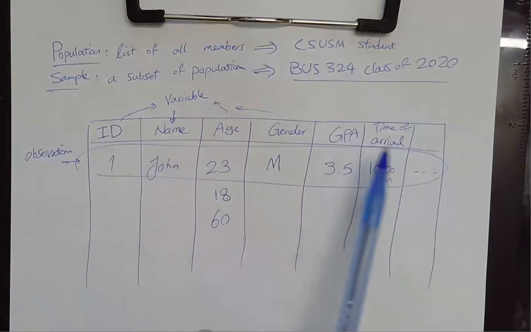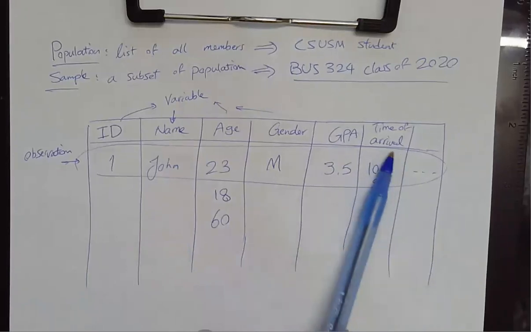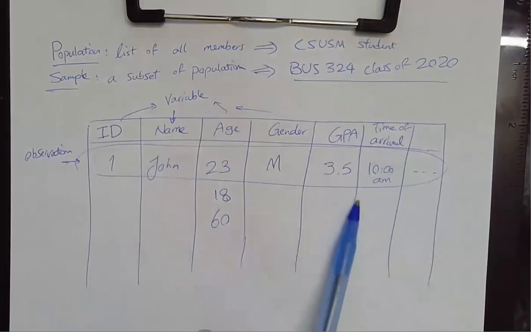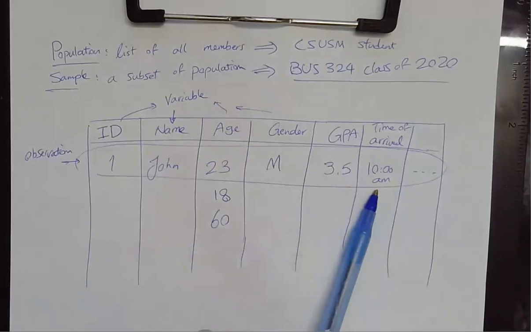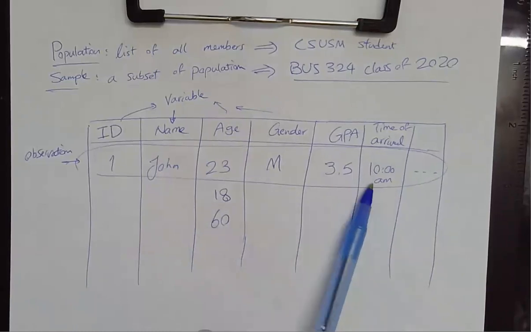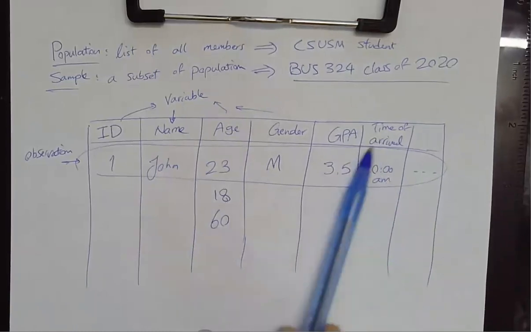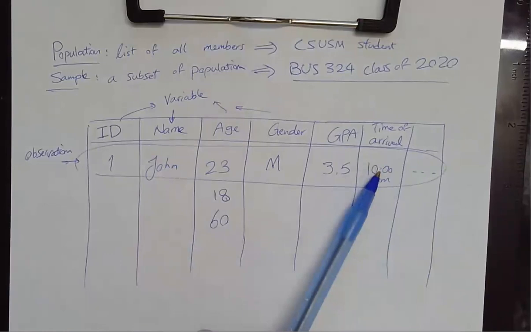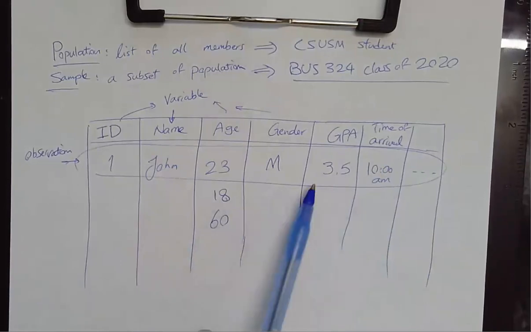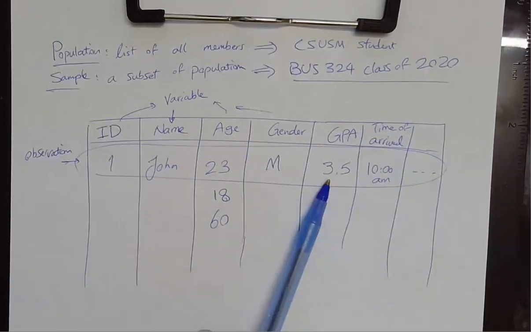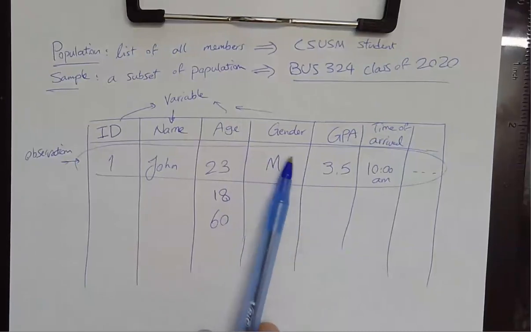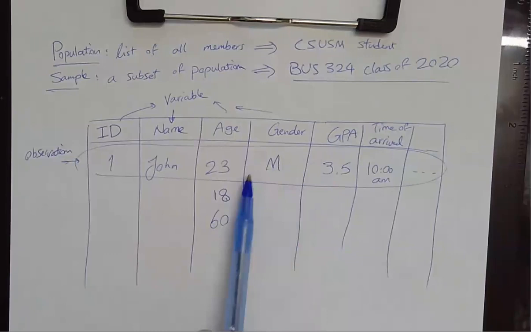For example, time of arrival, before this is recorded, can be a random number. People may arrive to the class at different times, but before you record their arrival time, that can be a random variable, right? But GPA, once you know it, it becomes certain. Gender is more certain than even GPA.